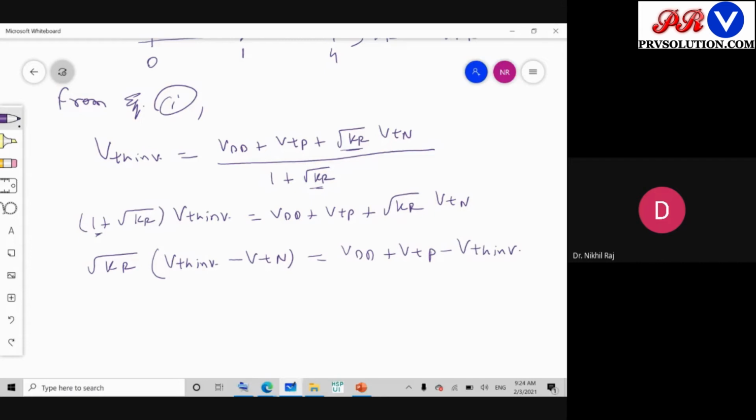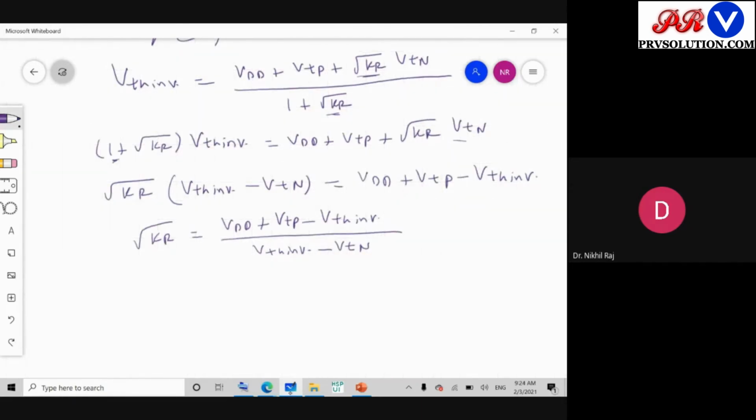This term I have shifted to the RHS and this term to the LHS. So we can write square root of KR equals VDD plus VTP minus VTH of INV, divided by VTH of INV minus VT of N.